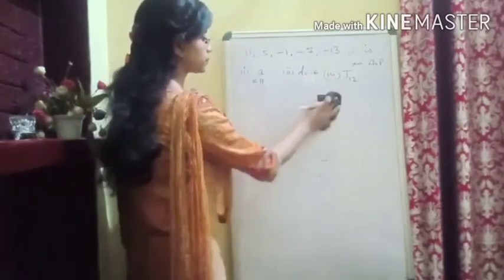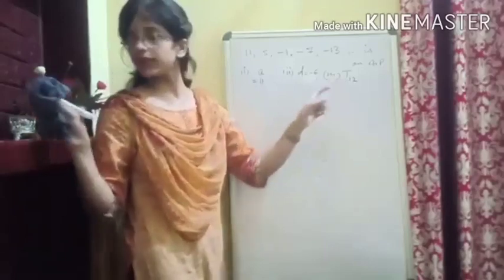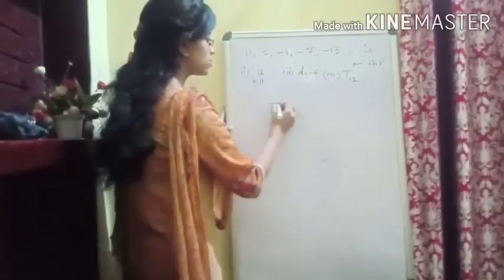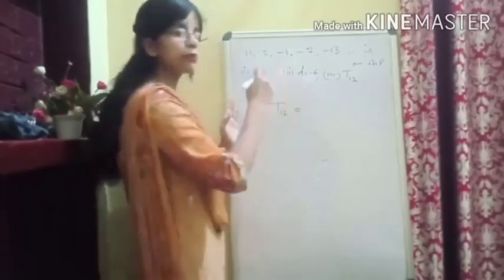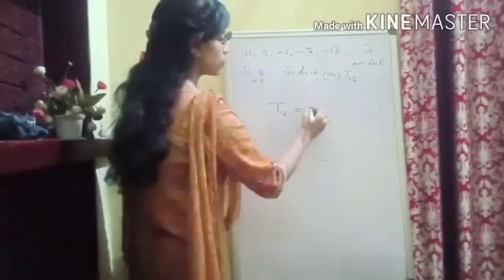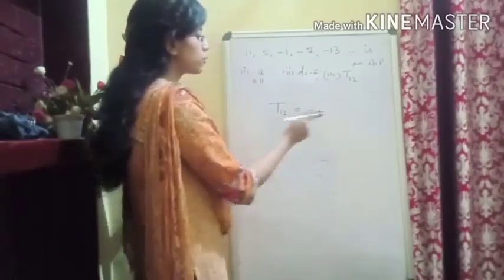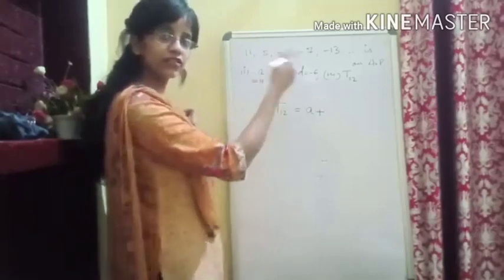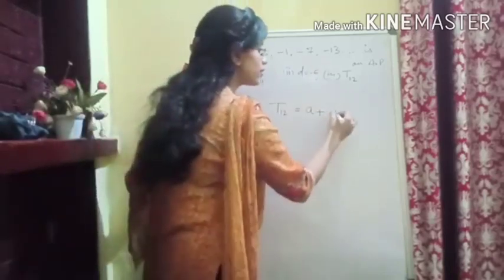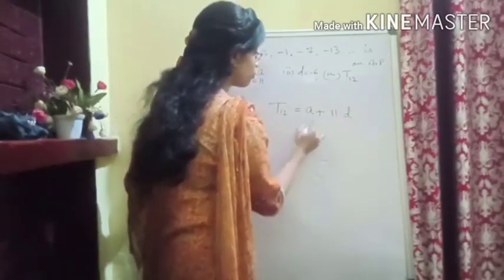Is it clear? And then we have to calculate the 12th term, that is T12. What is the formula? A plus n minus 1 into D. So A plus n minus 1. What is your n? 12 minus 1, that is 11 into D. Now what is your A?